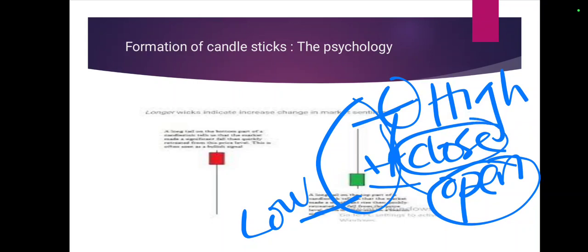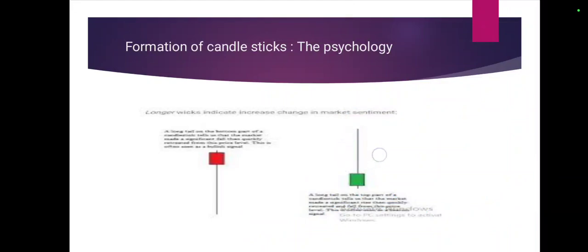Within that period, even though prices opened here and went up to this position but closed below the high, it simply means there are a lot of sellers within that period. This is why we have this long tail.